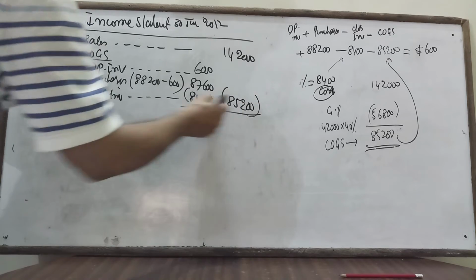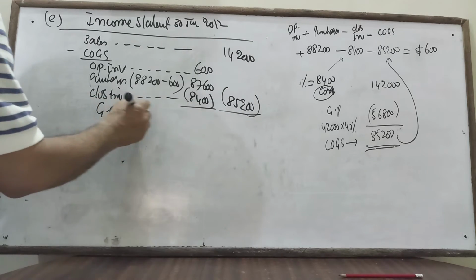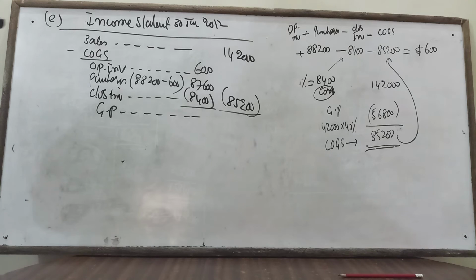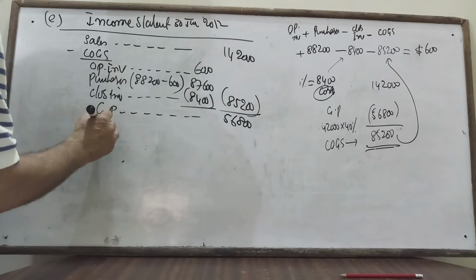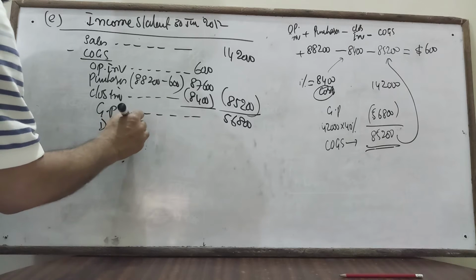Let me check it: 6,000 plus 87,600 minus 8,400 is 85,200. 142,000 minus 85,200 gives 56,800 gross profit. Then add discount received.